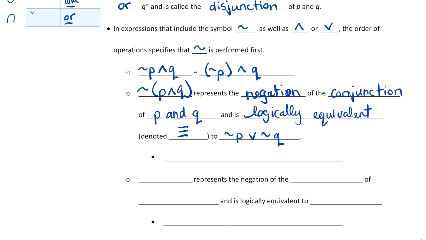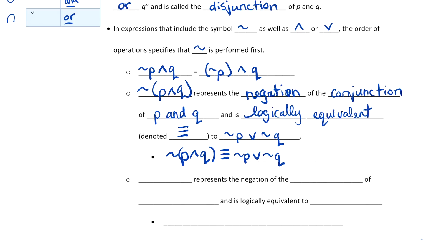So if one of them is false, it negates the logical and. All right? So, writing it all together, not (P and Q) is logically equivalent to not P or not Q.